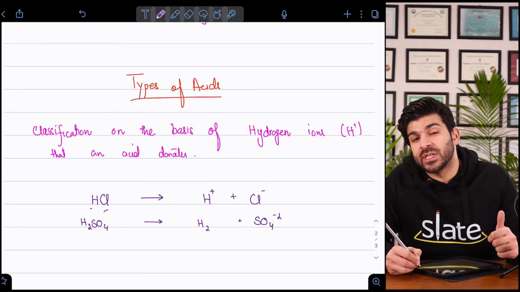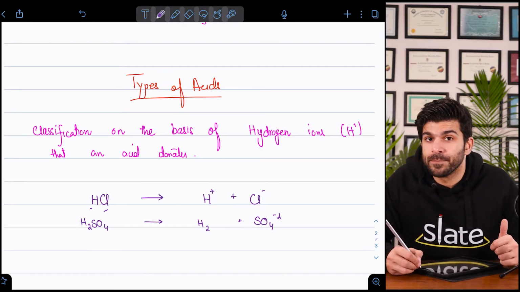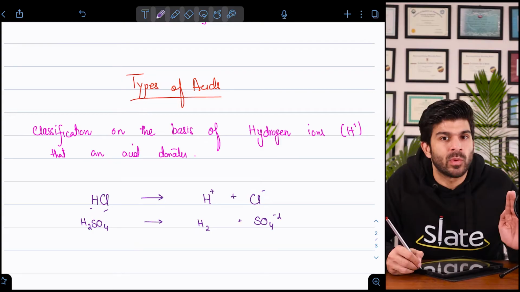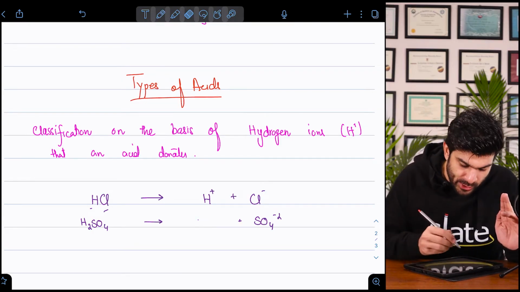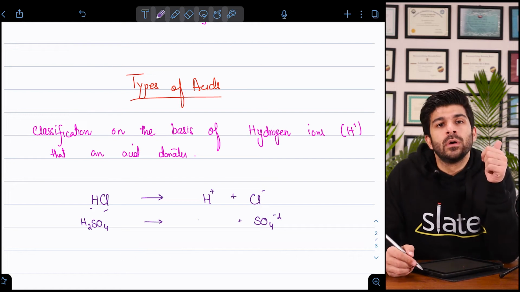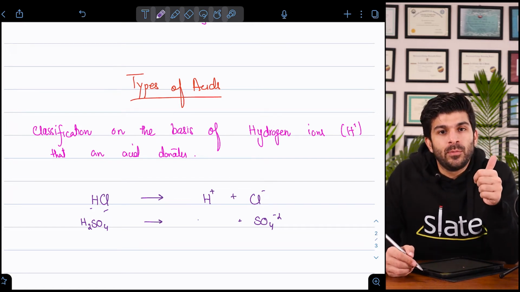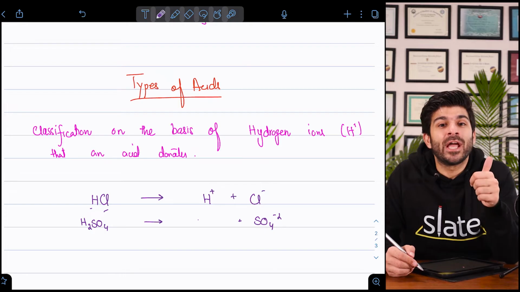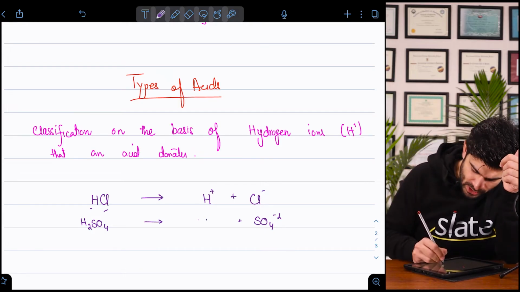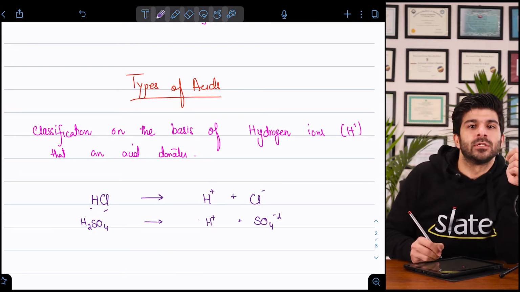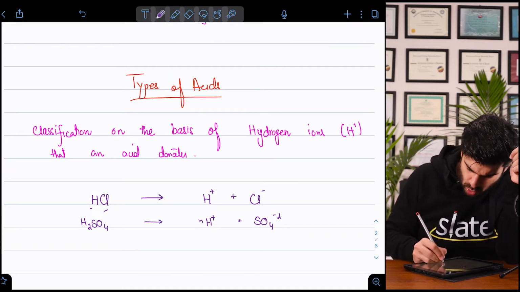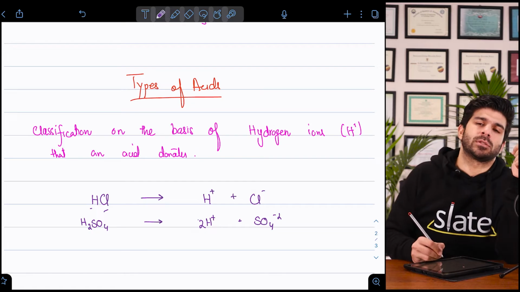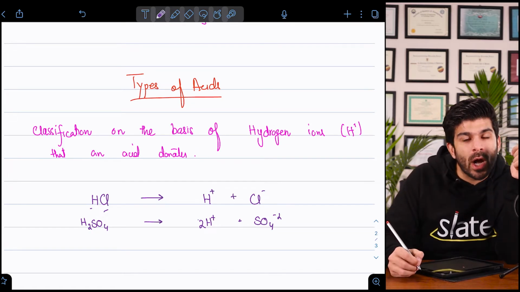The reactions which give out hydrogen gas are very rare, and let me tell you, this is not one of those reactions. I'm going to erase it now. Most importantly, we talked about acid that it gives out hydrogen ions. This will give us again hydrogen ions, not the H2, which is a gas. So 2H plus, because it's giving out 2 hydrogen ions.